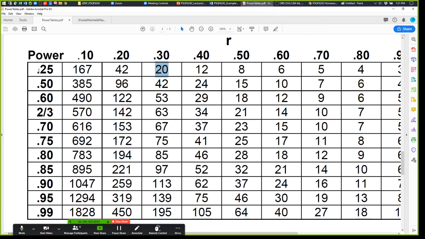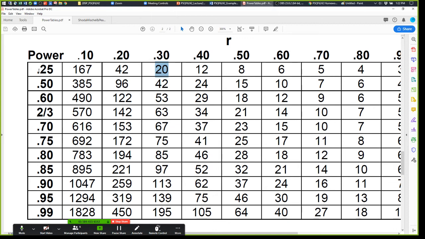How are the two related? Power is the probability of finding an effect that's really there. Type 2 error is the probability of missing an effect that's really there. So that's 1 minus.